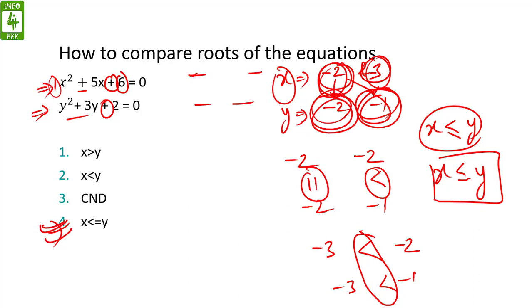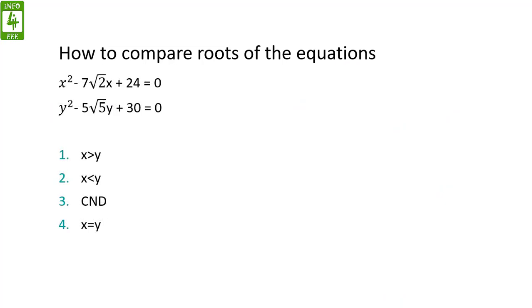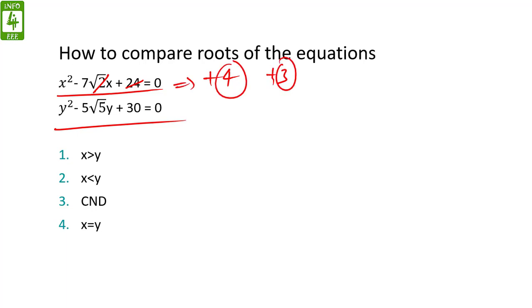Let's see some more questions on the same point. How to compare the roots of the equation? This is the equation, right? We already solved this equation. What we did is divide by 2 with this, so it gives me 12. So we will do minus 4, minus 3. This is positive, so roots will be positive, right? This is 4 and 3. So this is the root of this. For this case, you will divide by 6 and roots will be positive again.